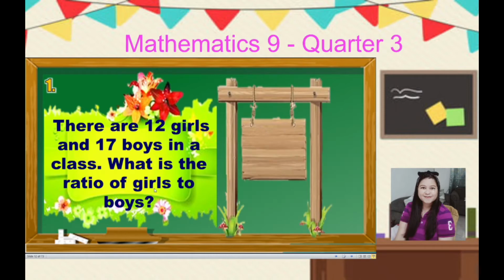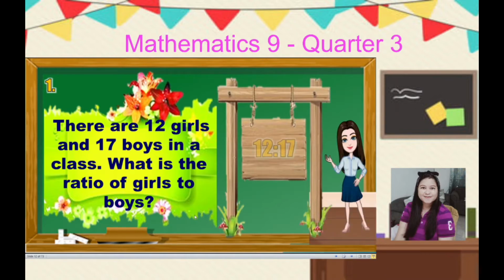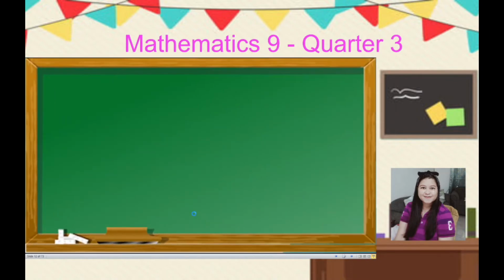So, ilan ba yung girls sa bilang ng boys? So, that is 12 girls and 17 boys. So, pag sinulat natin siya as ratio, so that will be 12 is to 17. Okay? So, yung unang bilang, which is the number of girls, at yung pangalawa naman ay number of boys.